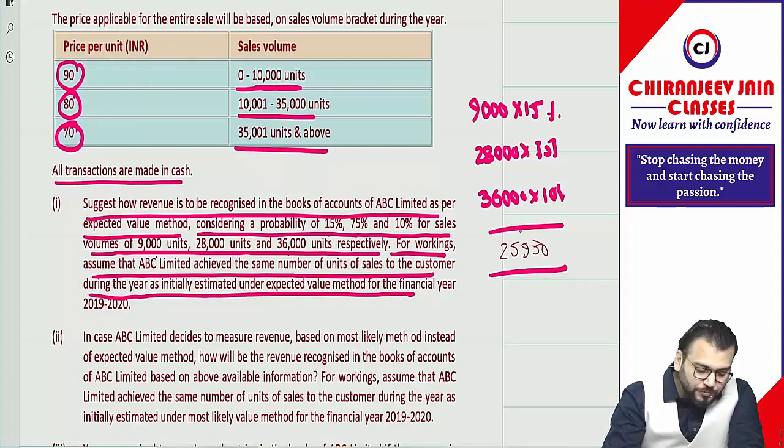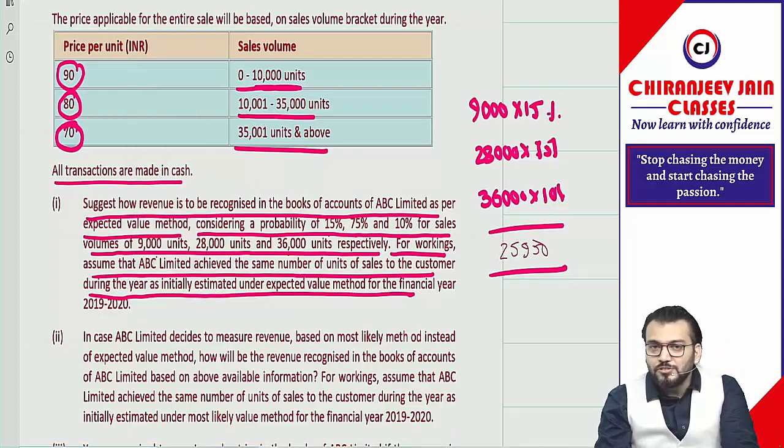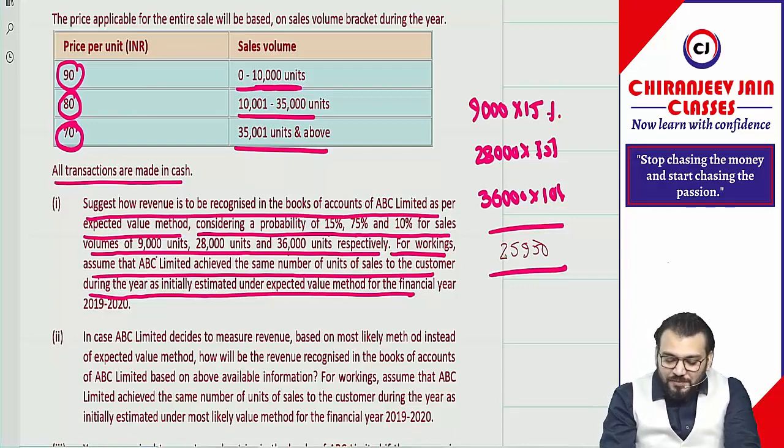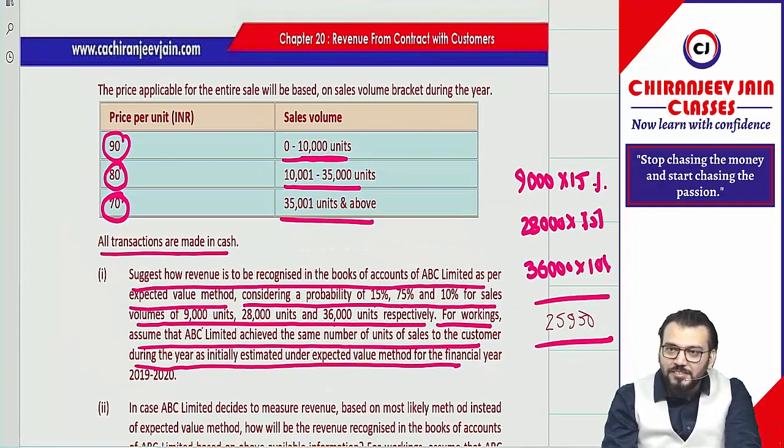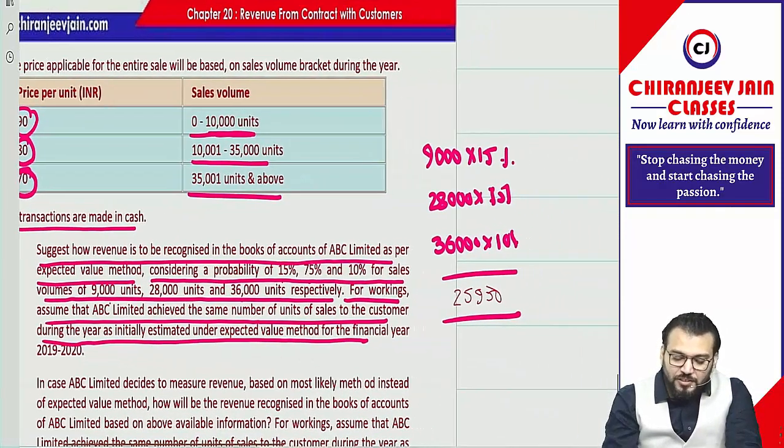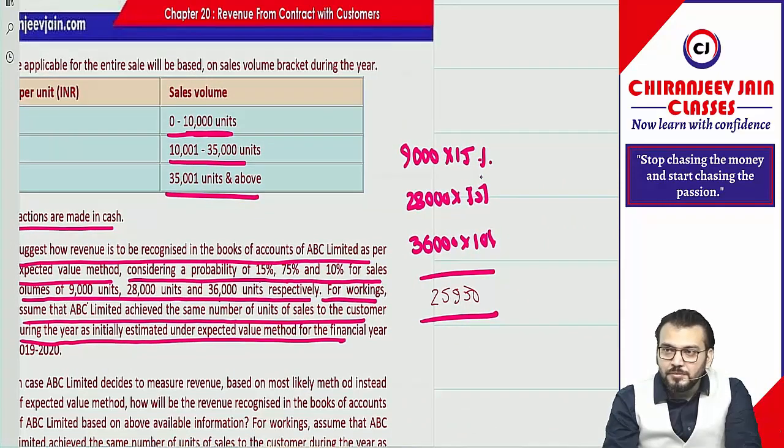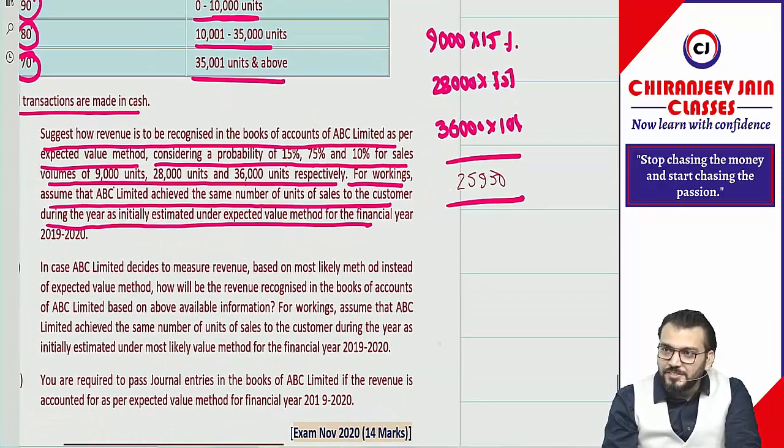25,950, then what will you do? You'll come to the individual price and see which range it is coming in. 9,000 into 15% into 90, which means you'll find out the sale price.